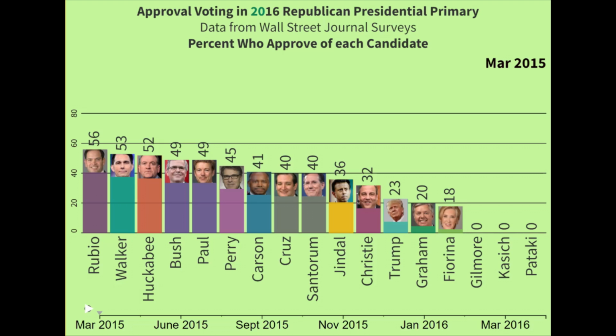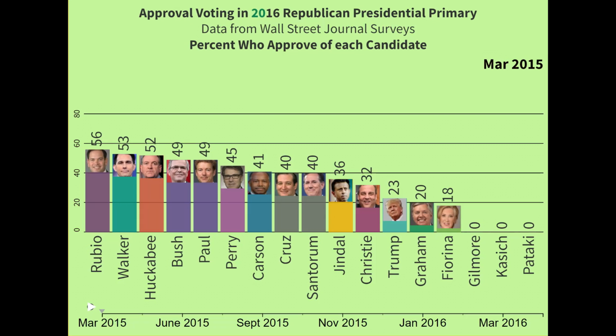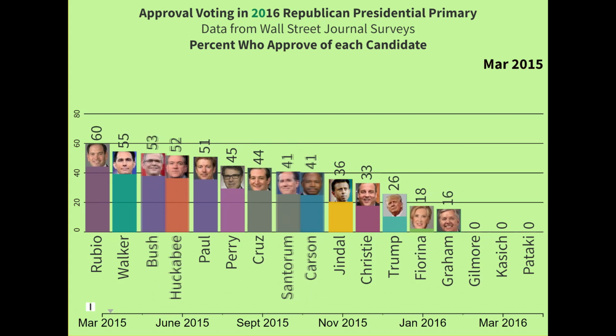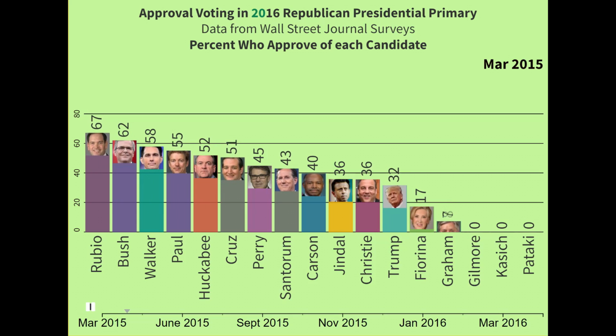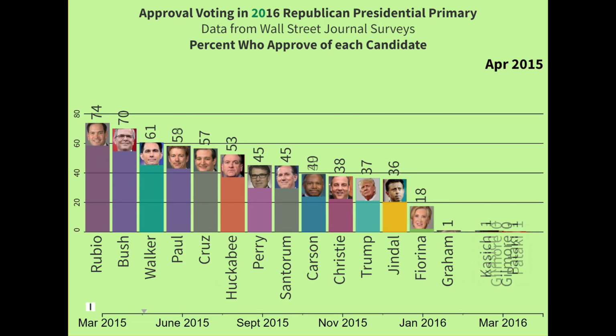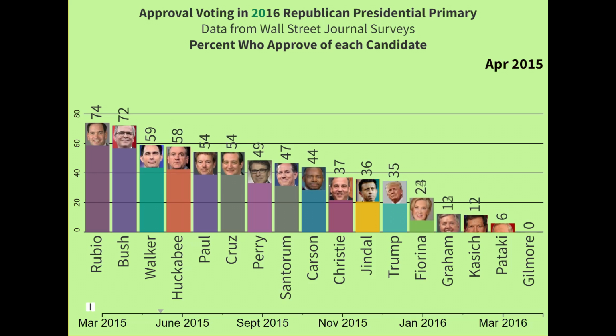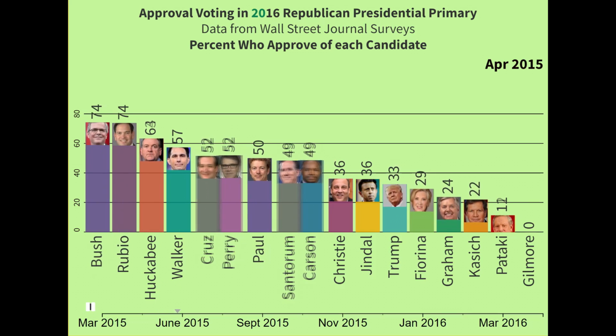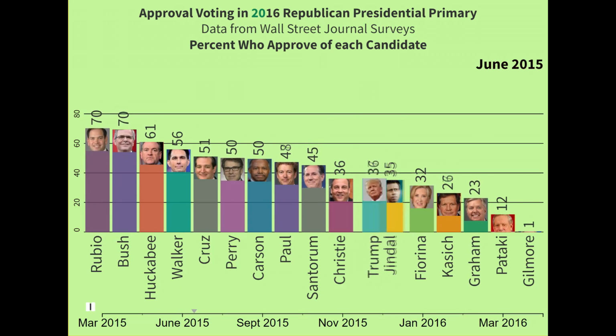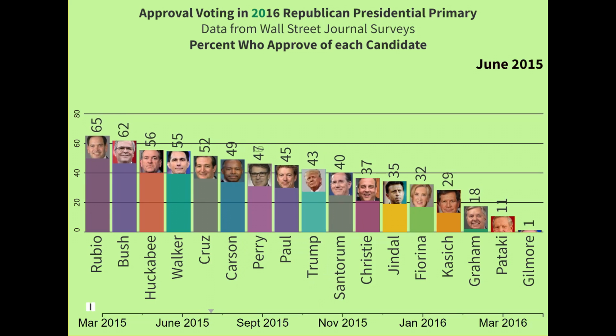They show with 0 approval at this time. During the month of March, Rubio and Bush gained in approval, while Trump went from 12th place to 11th place. By June, 17 candidates had entered the race, and Rubio was still in first place. Trump was in 10th place.